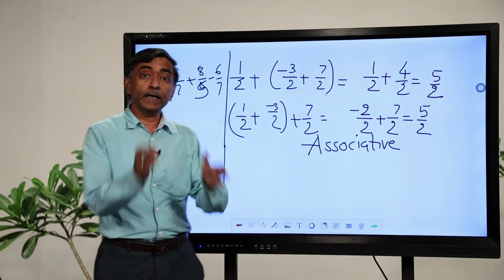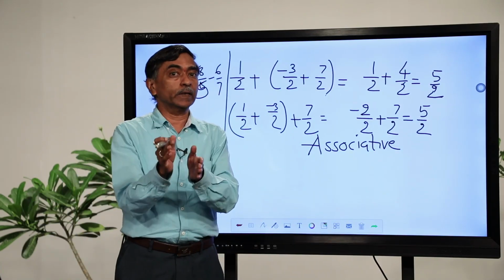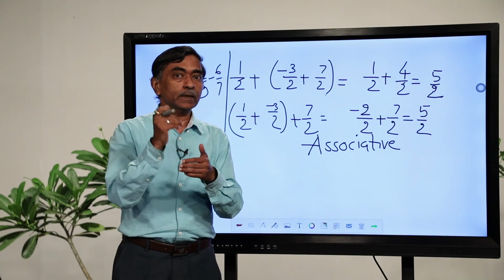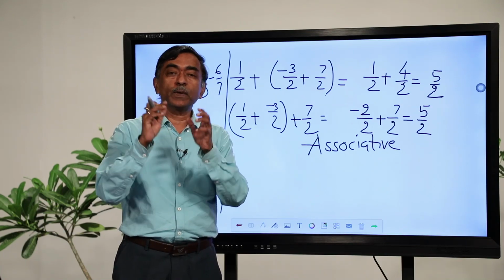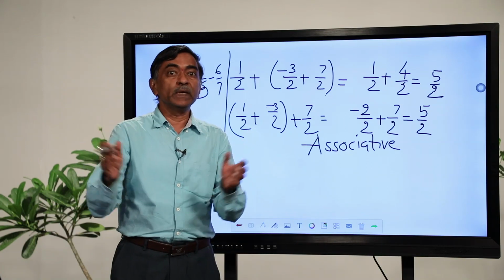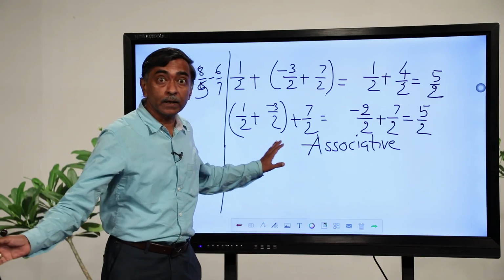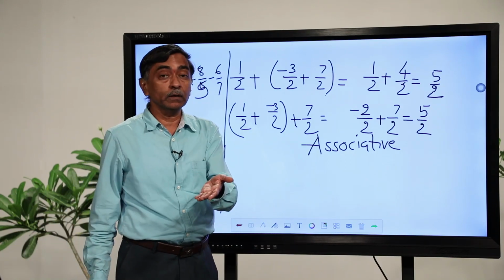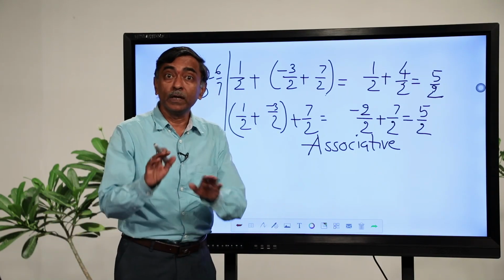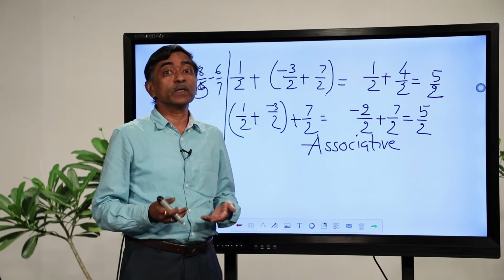But remember, as I said, you need a collection of numbers and you need an operation, and you check whether that operation works for that particular collection of numbers or not, meaning whether it satisfies the different properties or not. The moment, as we have seen earlier, you change the operation and keep the collection of numbers the same, the behavior of numbers will change.